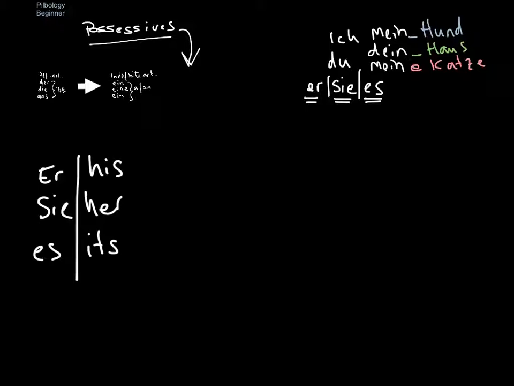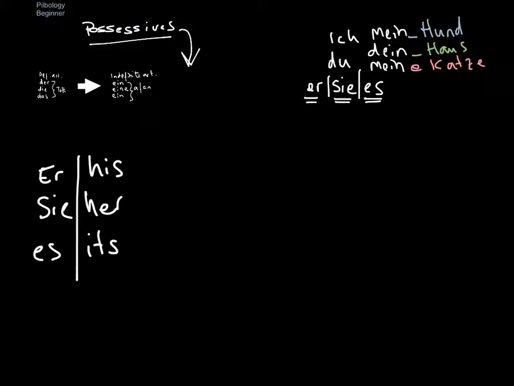Right. So for these, there's only one change here, again, and it's with the sie form, the female form, because the two masculine ones are the same. So think of it like this. When you're talking about the definite articles, the indefinite articles, and then the possessives, the only change that's made is with the feminine form. So this is how it works.